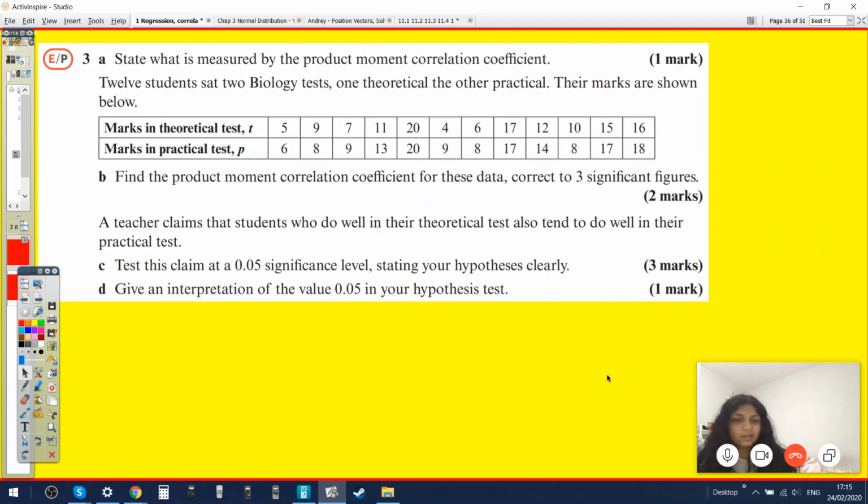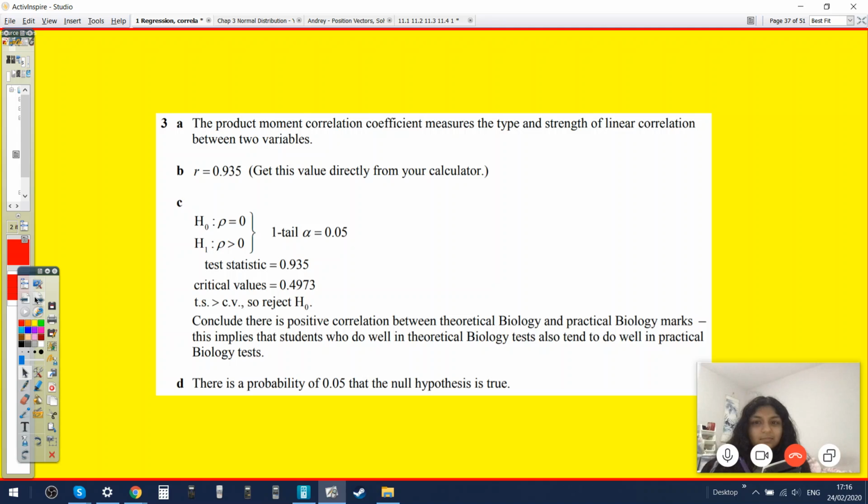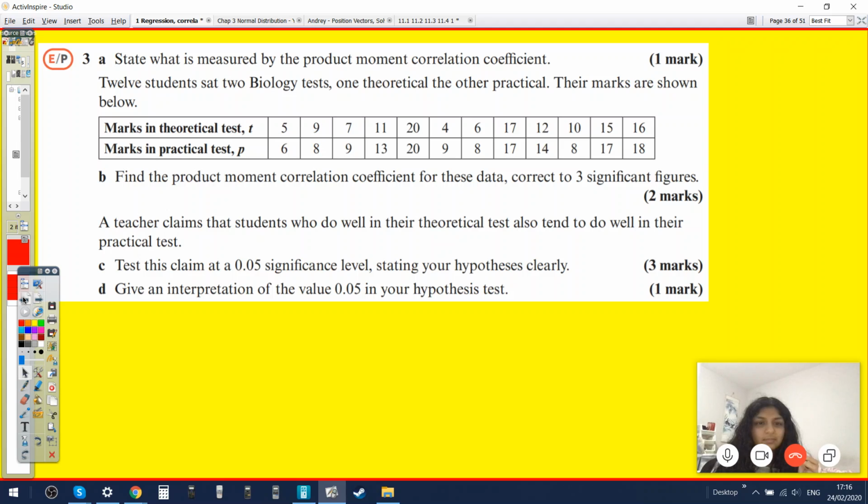So okay. What is part A for this one? State. Oh, the strength of the correlation, I think. Yeah. Measures the type and strength of linear correlation between two variables. Okay. B, I think you'll be okay. Yeah, PMCC on the calculator.